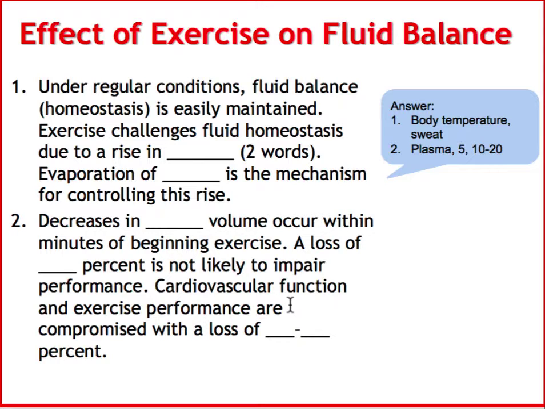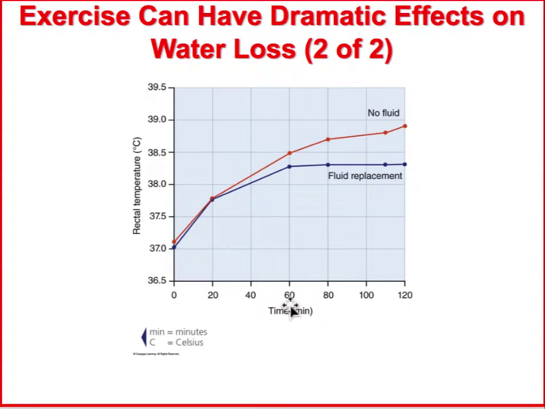And so high level performance athletes, like people that run the Boston Marathon, ultra endurance athletes, can lose over 10% of their body weight when they're in extreme endurance events, but their performance isn't compromised. And so we'll talk more about that as we go through these slides.